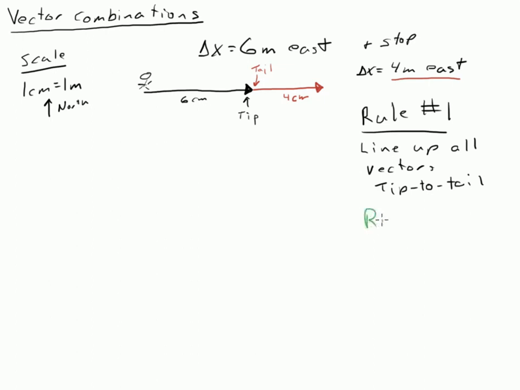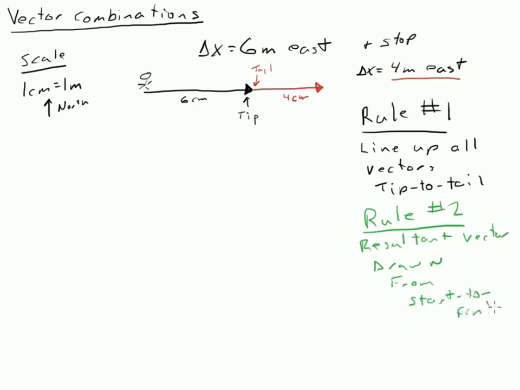So rule number 2 that we have for vector combination is what's known as the resultant vector. Resultant vector. Always draw the resultant vector from start to finish. So we started here, went through the whole trip, and finished here.